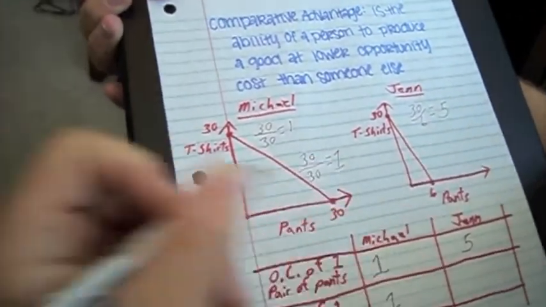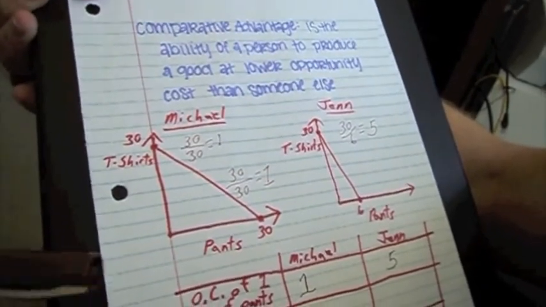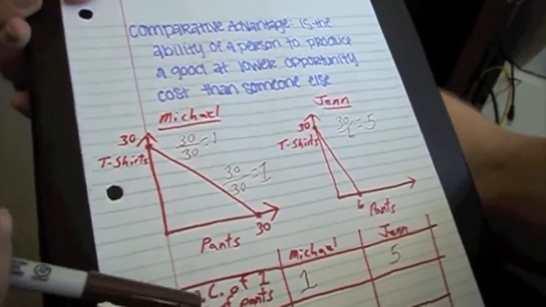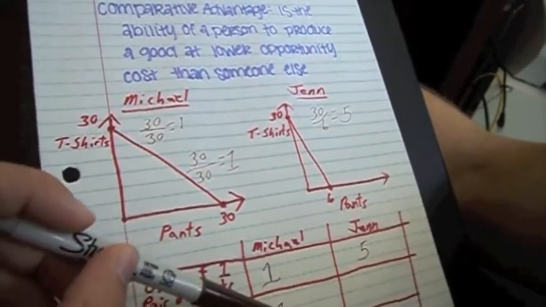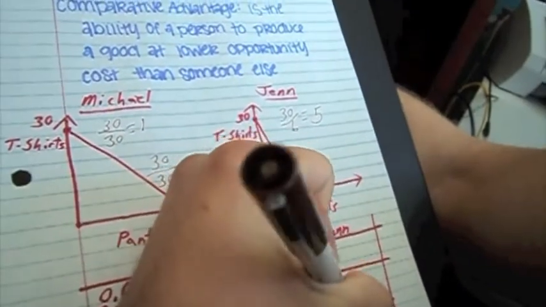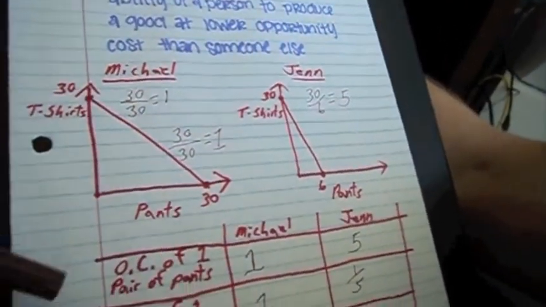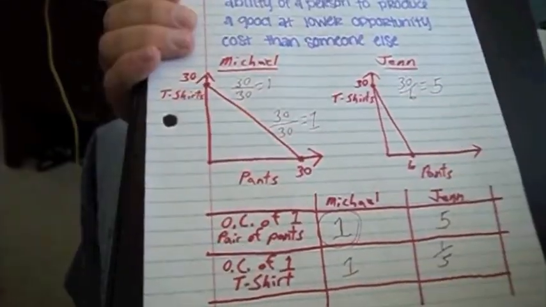But an easier way to do it is just to take the reciprocal of the answer you got for the pairs of pants. So the reciprocal of 1 would be 1, and the reciprocal of 5 would be 1/5. And this is the opportunity cost for each person.